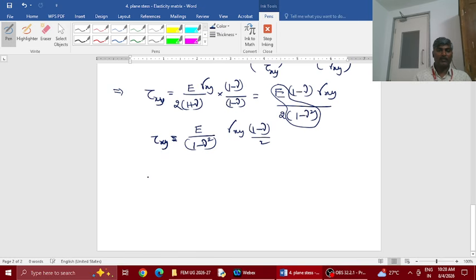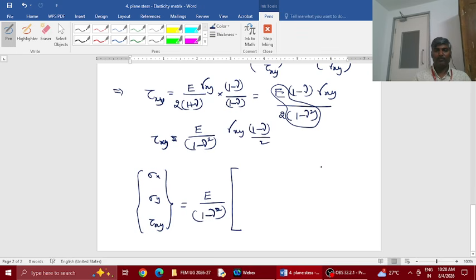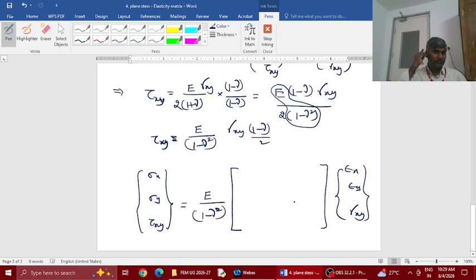Now I'll write the matrix form: sigma x, sigma y, tau xy, with the common term E by 1 minus nu square, then the matrix, then epsilon x, epsilon y, gamma xy.